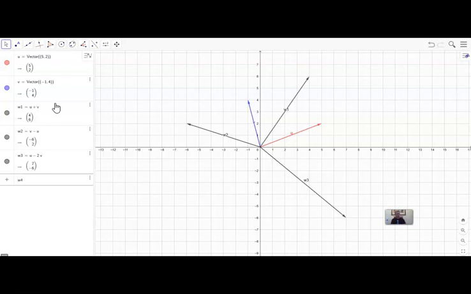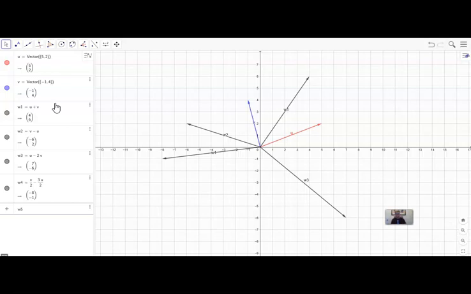Let's make w4. We can type in v over 2 minus 3u over 2. Whoops, we have to move the right cursor. Minus 3u over 2. That's better. So that is a fractional linear combination of u and v. And now it's pointing down and to the left.